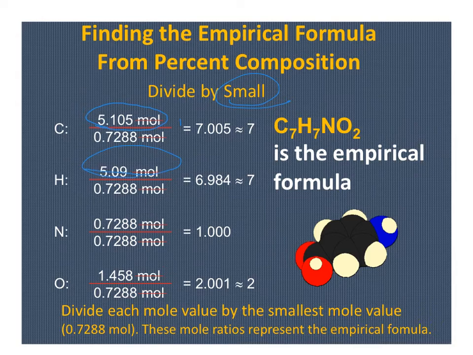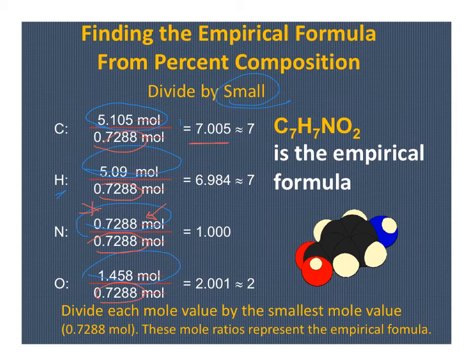So the mole values you got, 5.105 moles of carbon, 5.09 moles of hydrogen, etc. The smallest of those 4 values is 0.7288. So you take that smallest mole value and you divide each of the mole values by that. You're hoping to get whole numbers now so that you can write out your empirical formula.